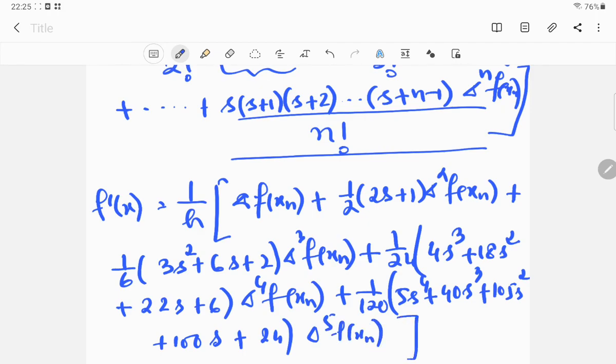So that is our equation number 3. This equation number 3 also you need to remember.